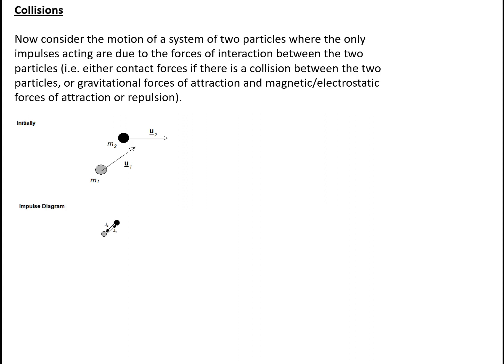when the particles collide, the grey particle will exert an impulse on the black particle, and Newton's third law tells us that the black particle will impose an equal but opposite impulse on the grey particle. So, after the collision, we will have the black particle moving off with a new velocity v2 and the grey particle moving off with a new velocity v1.